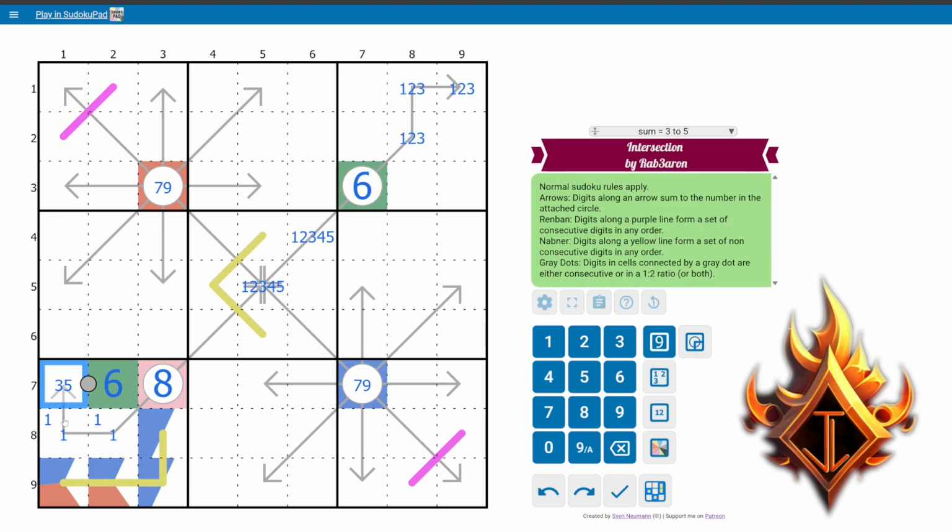It can't be 5, because that would be 1, 2. 3, 4 would be down here. So that needs to be... No. Wait. Yeah. So that has to be 3.